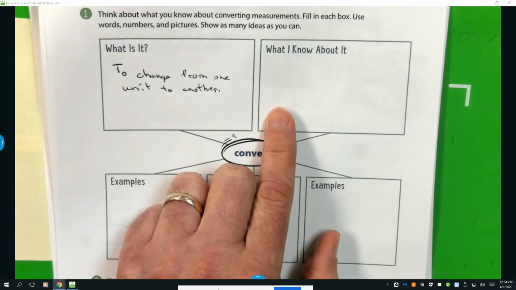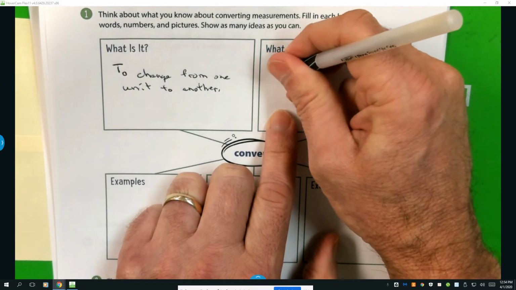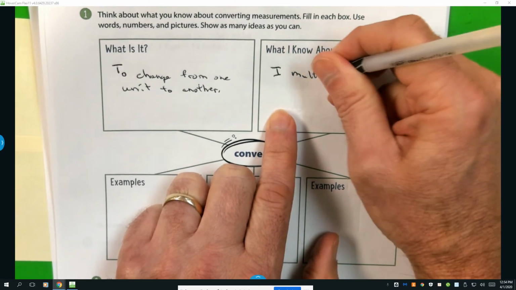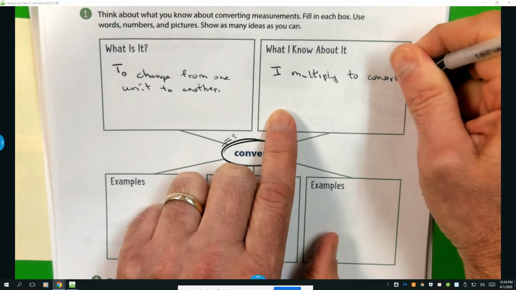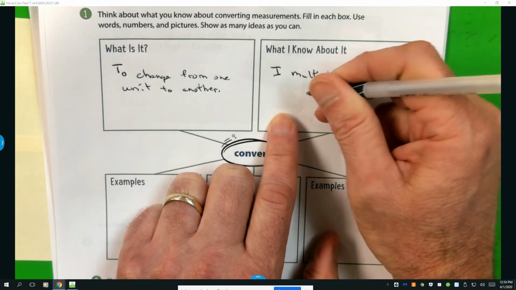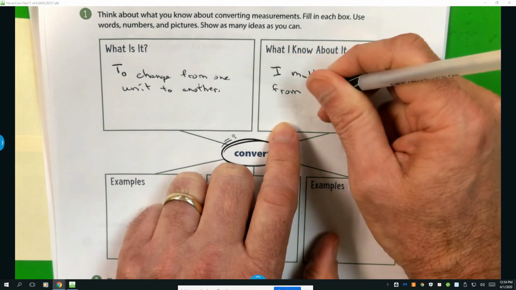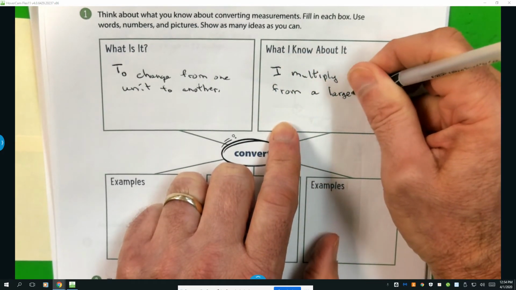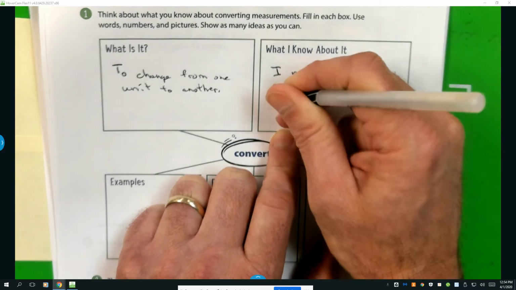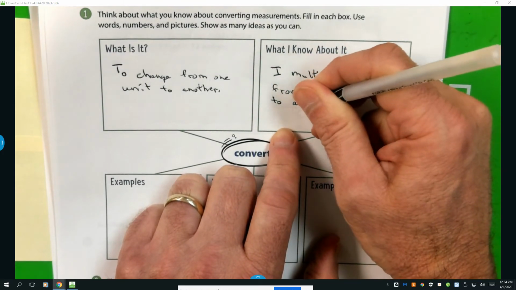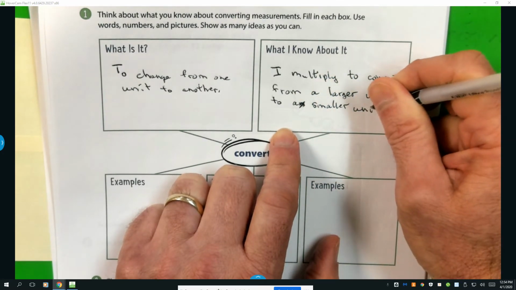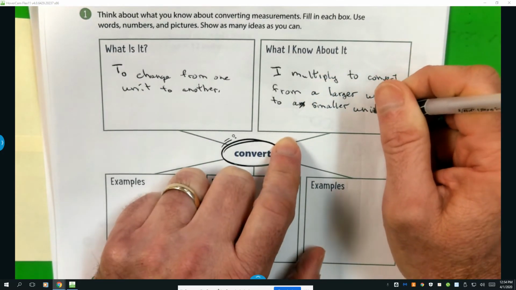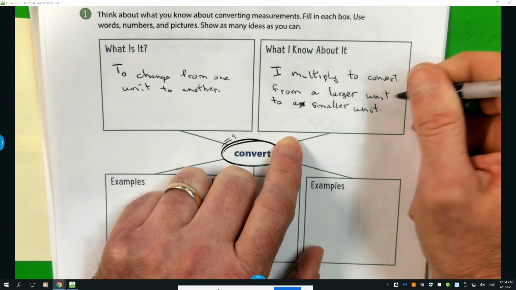Okay, I know if I multiply to convert from a larger unit to a smaller unit, and I divide to convert from a smaller unit to a larger unit.